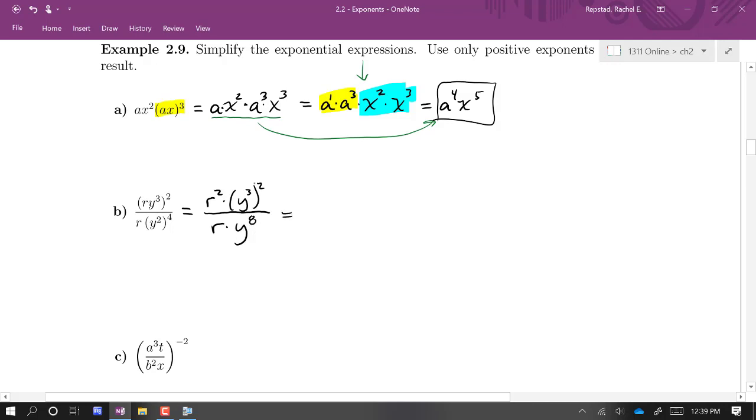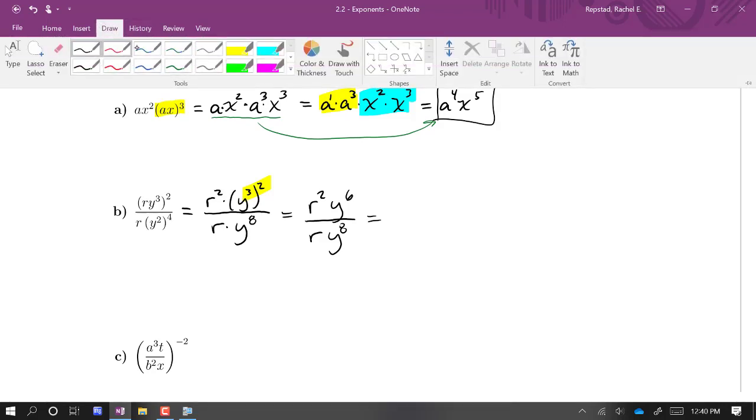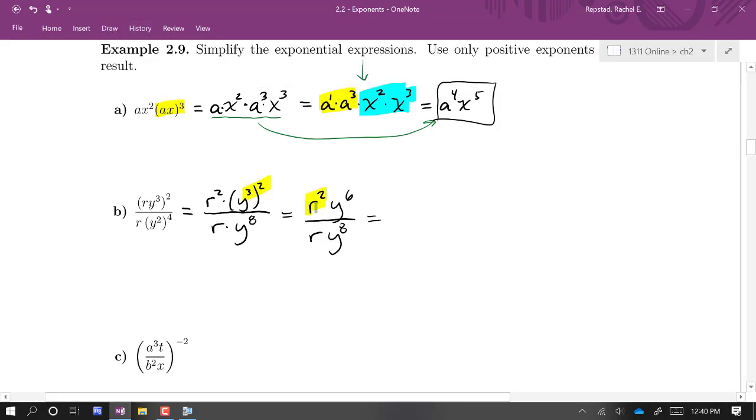Up here, I can also raise a power to a power and multiply these exponents together. So we have r squared y to the sixth over r y to the eighth. And now we can just take one base at a time. We're doing some division, so let's take a look at these first.